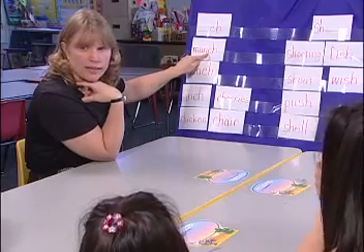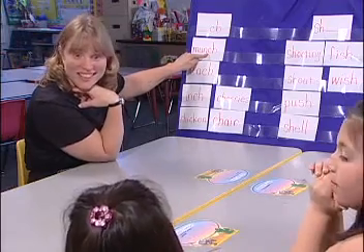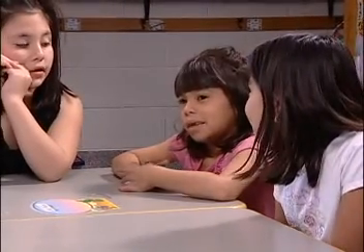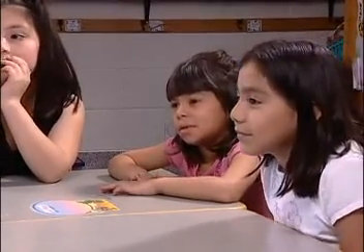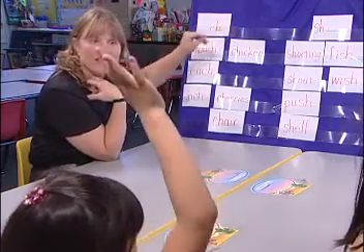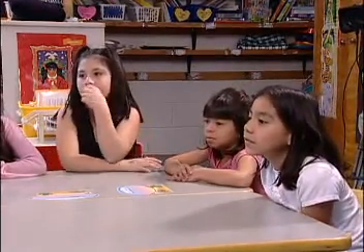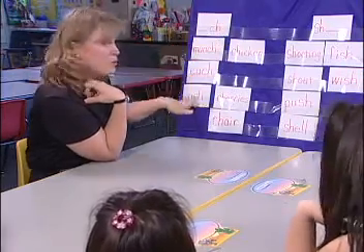Look at munch. Where's the CH located? Where do we find the CH, Leslie? Last. It comes last. What about chicken? Alexandra? The CH is first. Can you help me then divide the CH words into two groups like that?